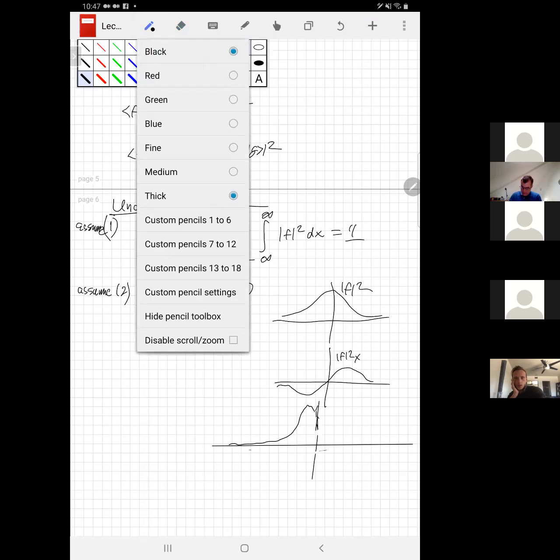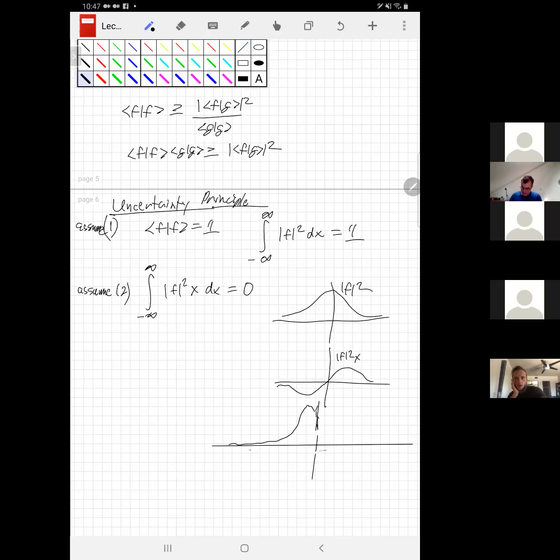Whoa. Now I'll do it more like that. Very gradual decay. If we set this up just right, we could still get that the integral of f squared of x is 0.